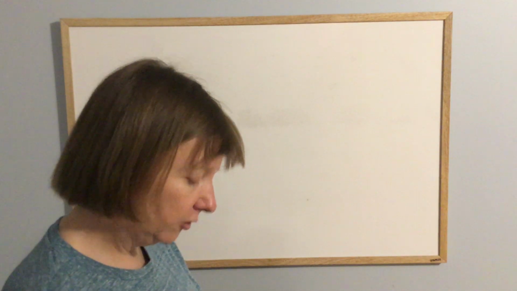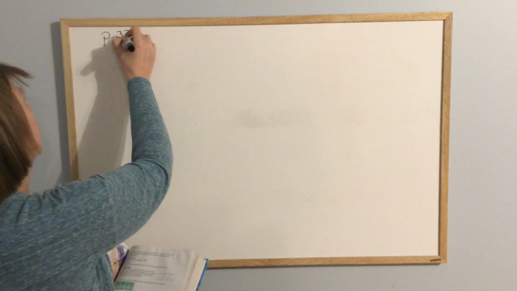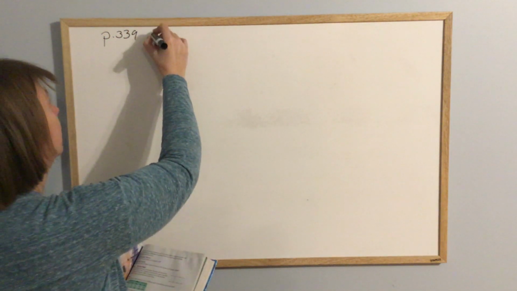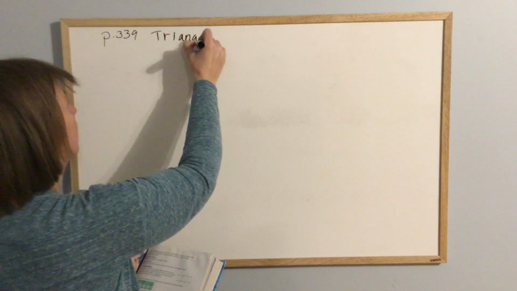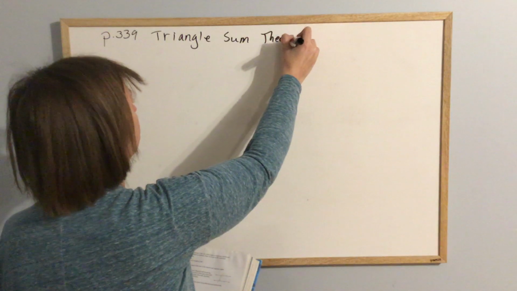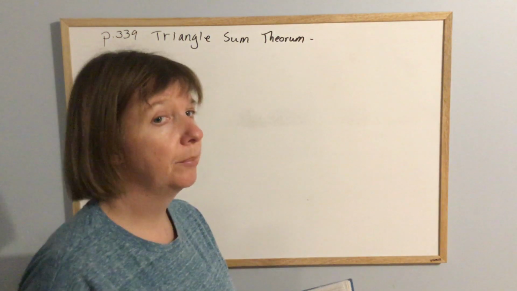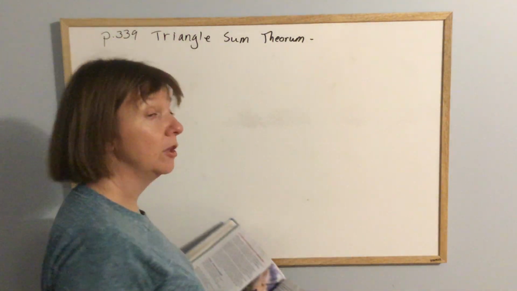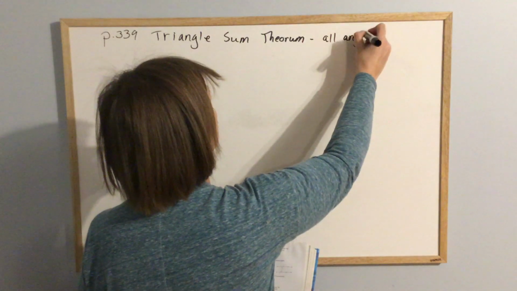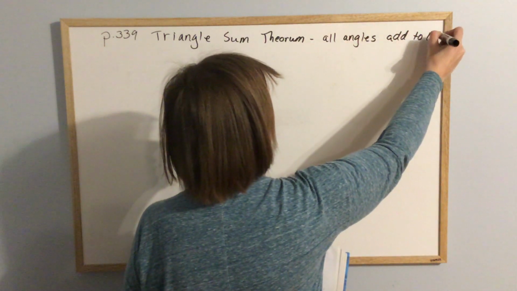Okay, so on page 339, they have the triangle sum theorem. And this sounds really fancy, but it's something you already know, and that's that all angles in a triangle add to 180 degrees.